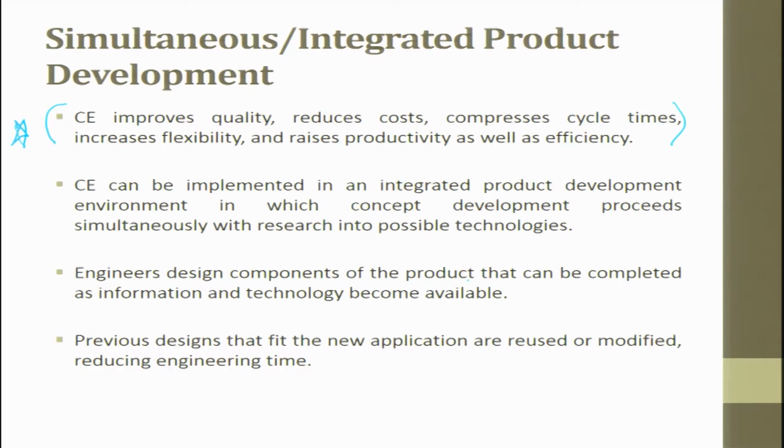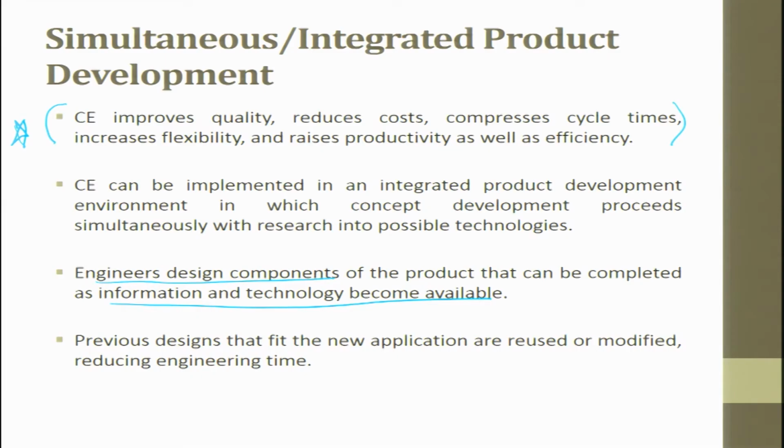So, they were taking independent decisions, but when we do simultaneous, these up and down movements and corrections can be reduced in a large way. Engineers design components of the product that can be completed as information and technology becomes available as and when you start doing it.